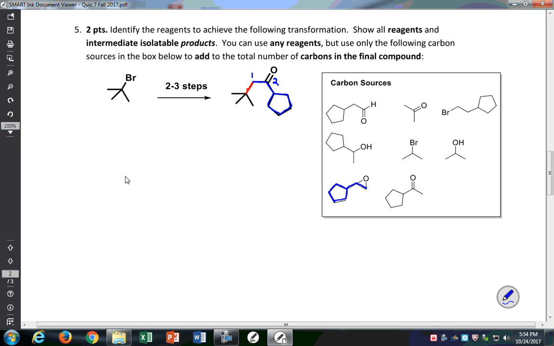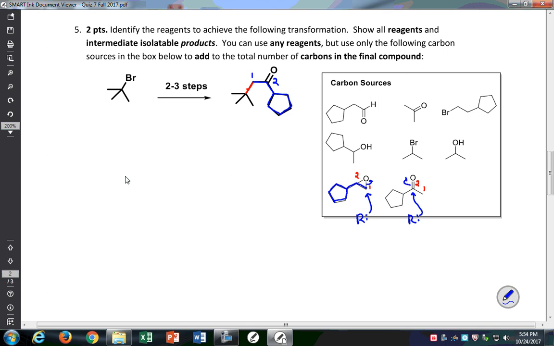We're going to attack the least substituted carbon. It's going to open up the ring, so our alcohol is on carbon 2. If we reacted it with this, my alcohol would be on carbon 2, but my new carbon-carbon bond would also be on carbon 2. That's not the right connectivity, because our Grignard attacks the electrophilic carbon.